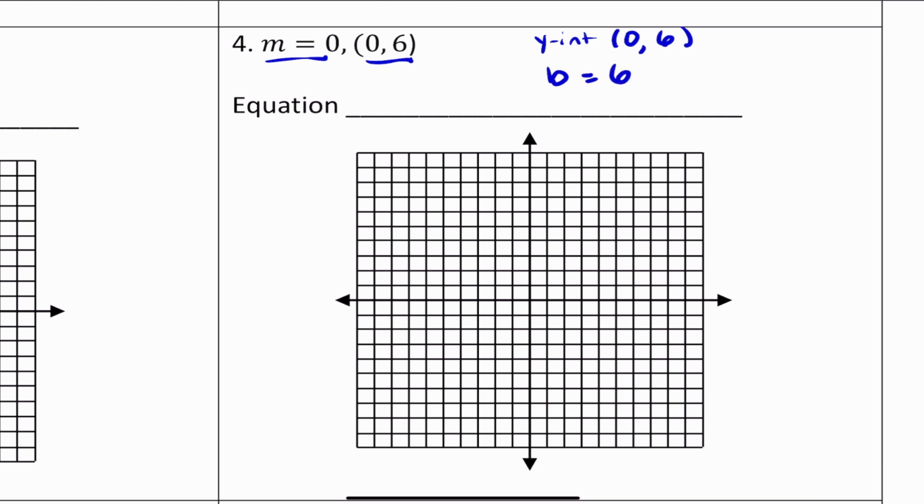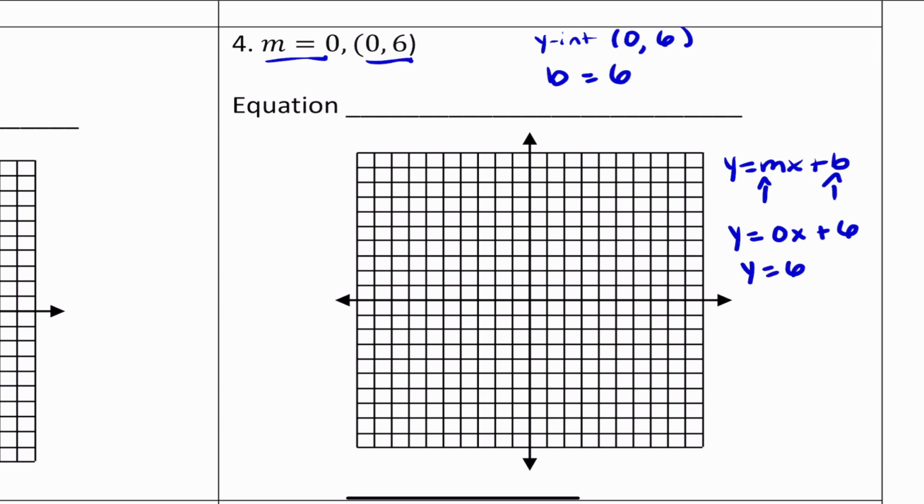And then b is 6. Okay? So if I use my y equals mx plus b, I'm going to replace the m and I'm going to replace the b. Y equals 0x plus 6. Which really you can simplify to y equals 6. Okay?